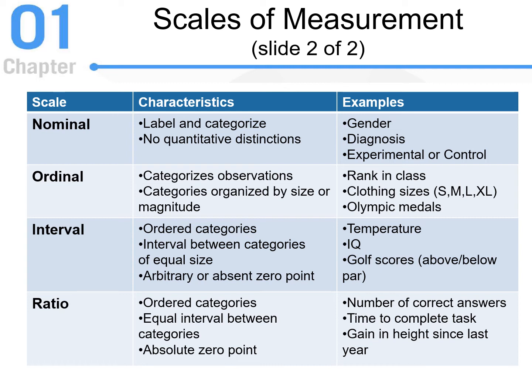And the answer is no. You might say, oh yeah, 80 degrees is twice as hot as 40 degrees Fahrenheit, but that's not the case. You can only make those kind of ratio comparisons if you have a true 0 point. And since Fahrenheit does not have a true 0 point, you cannot say that 80 degrees Fahrenheit is twice as hot as 40 degrees Fahrenheit.